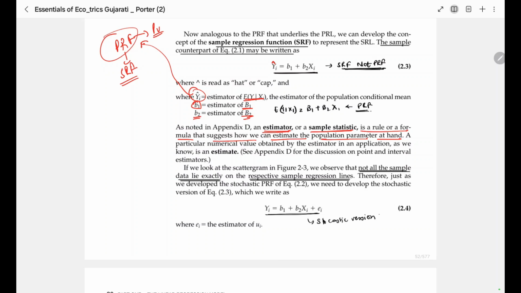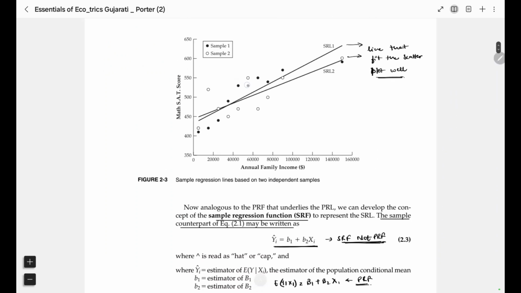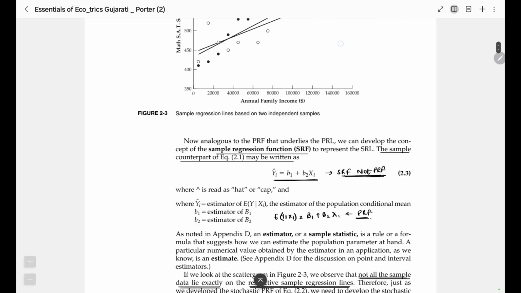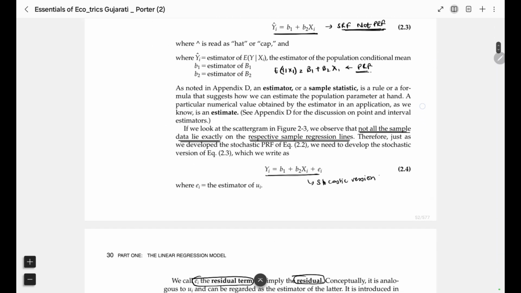The thing is that when we made a scatter plot, all our sample data did not lie on the sample regression line, right? Here we can see that the data is here, but the line is here. It is not lying entirely on the line.